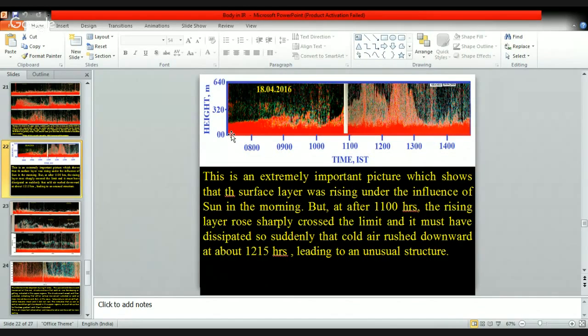Inversion means the temperature of the air on the lower side is much lower compared to the temperature here. Now the heating will take place. Slowly the atmosphere is getting heated. The thickness of this layer is increasing, and you can see that this thickness becomes about 640 meters, and then it vanishes.